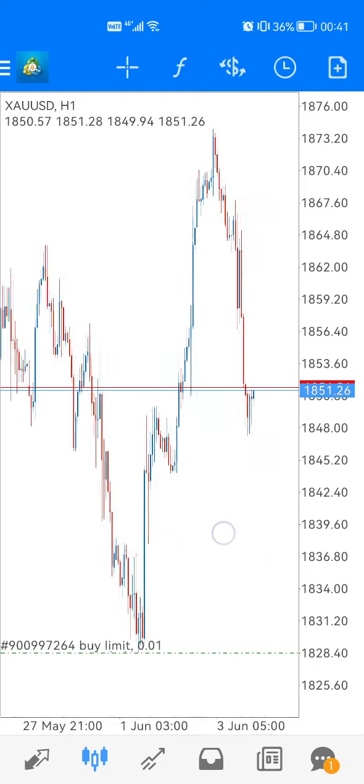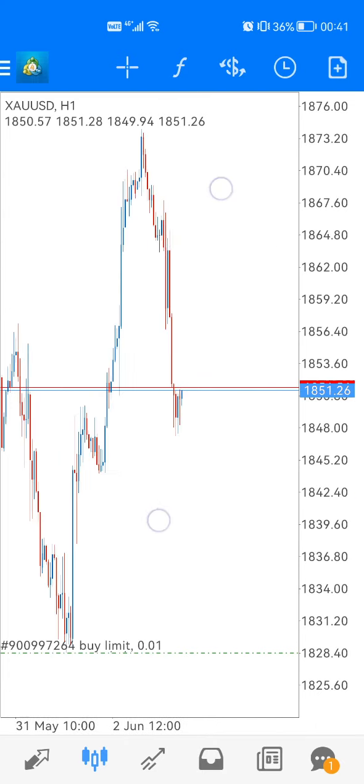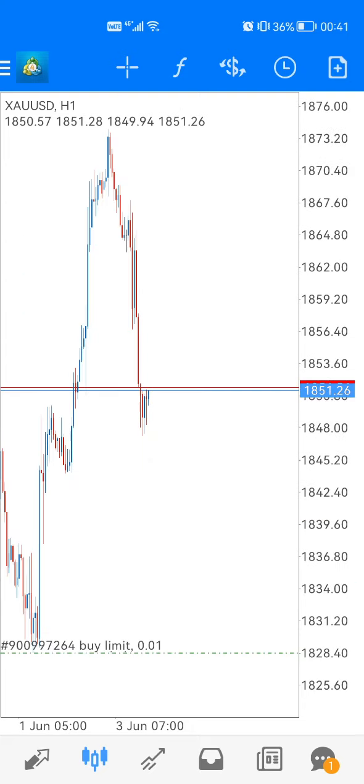Meaning that when the market is rising like this, it means that gold has more power over the dollar. And when the market is falling, it means that the dollar has gained strength and it is more powerful than the gold. That's it from me, guys. Let's go to the next step.